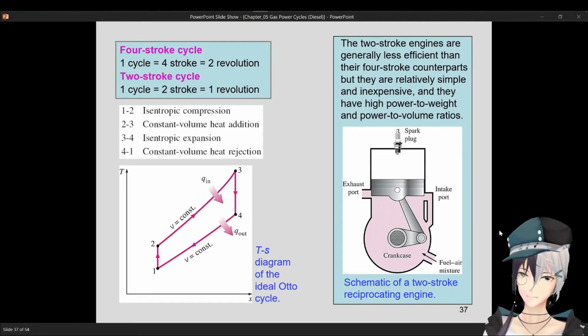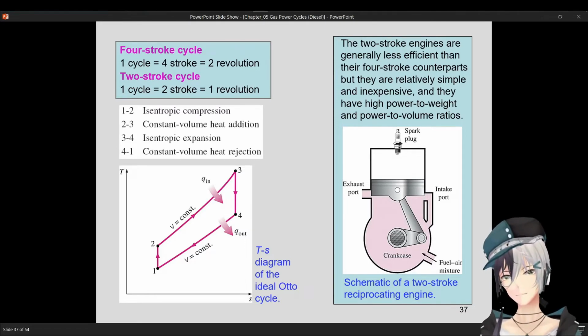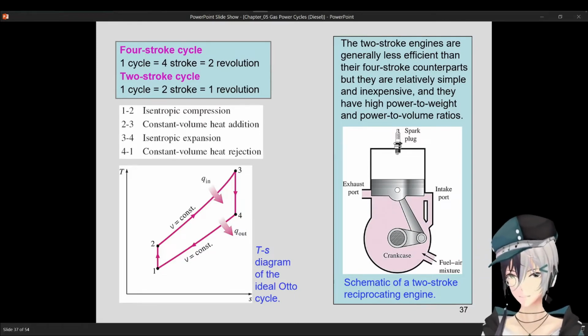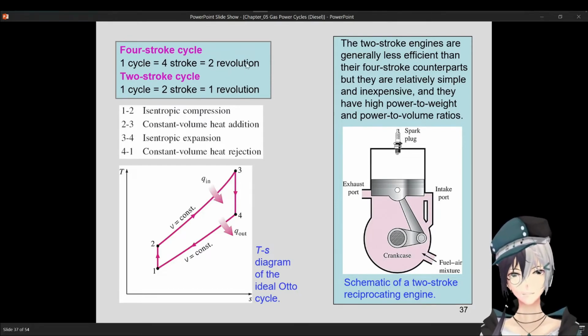We have these terms, four-stroke cycle and two-stroke cycle. Surely you have heard of the two-stroke engine and four-stroke engine. In every cycle of a four-stroke engine, you have four strokes, and that leads to two revolutions.